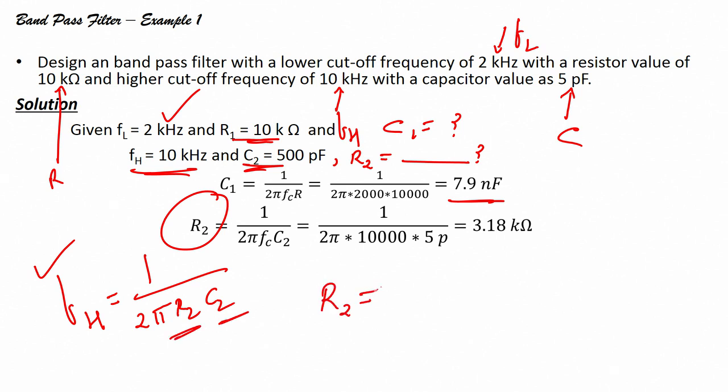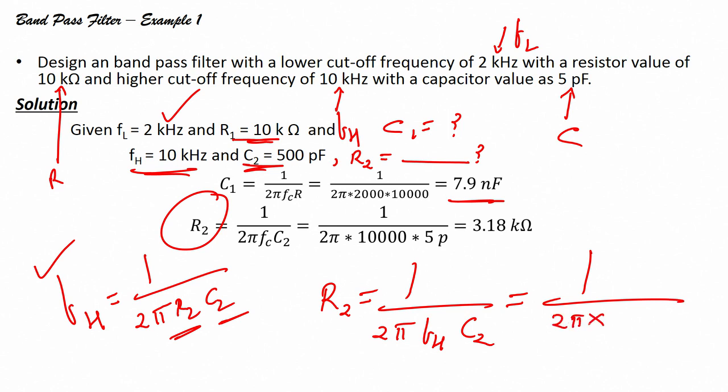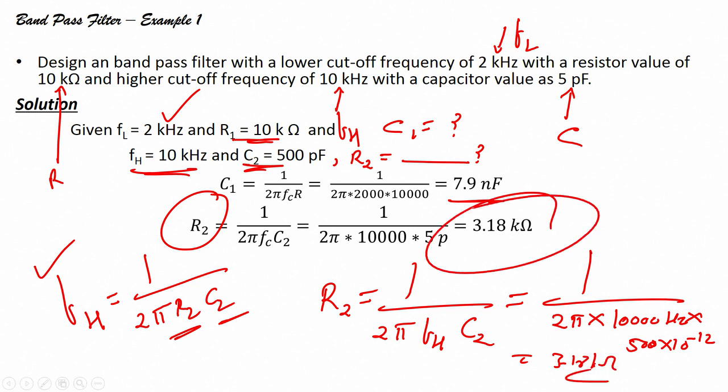So, R2 will be 1 divided by 2 pi FH C2. What is FH? 10 kilohertz, into C2, 500 picofarad, that is 500 times 10 to the power minus 12. So, that will give us 3.18 kilo ohm, that you can see here.